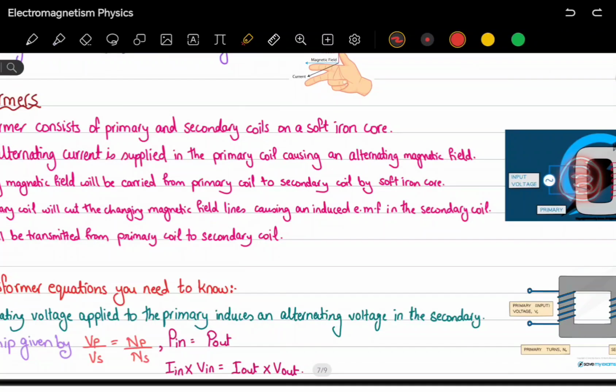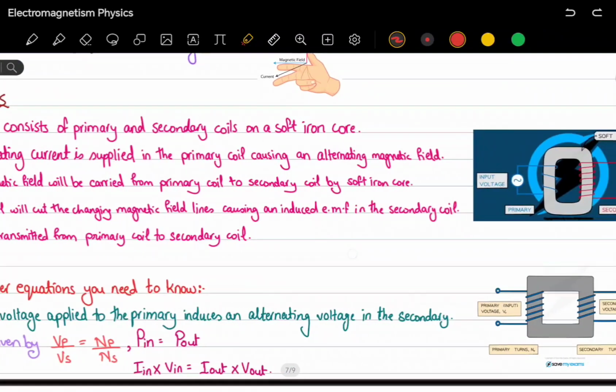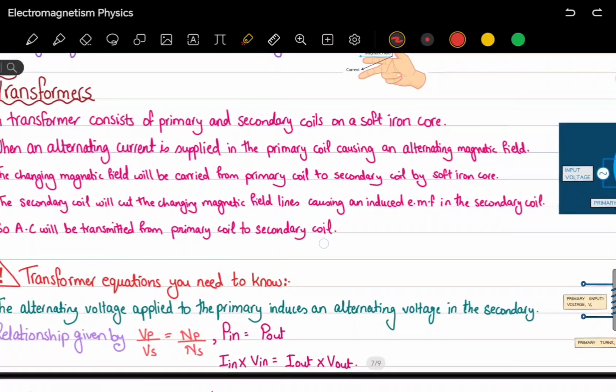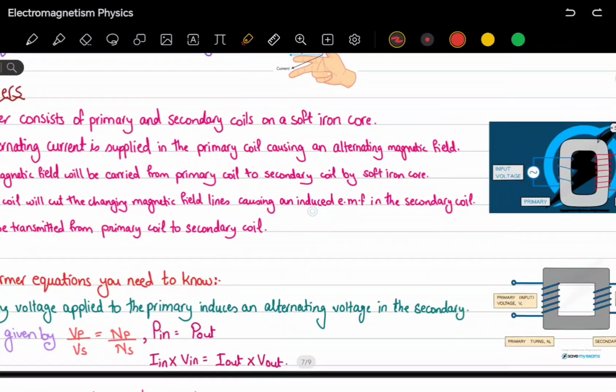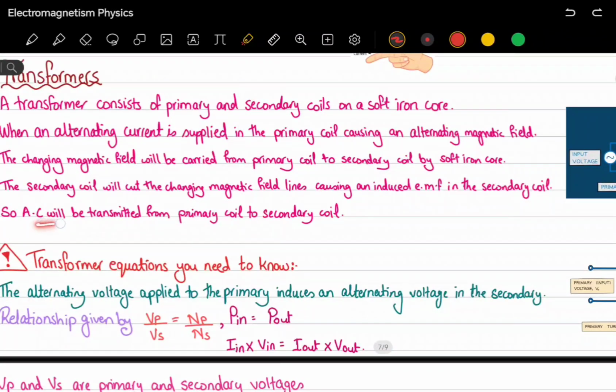This alternating magnetic field is going to be carried by the soft iron core from the primary coil to the secondary coil. And therefore, the secondary coil is going to cut the changing magnetic field in the soft iron core, which induces an EMF in the secondary coil. So the AC current will be transmitted from the primary coil to the secondary coil.